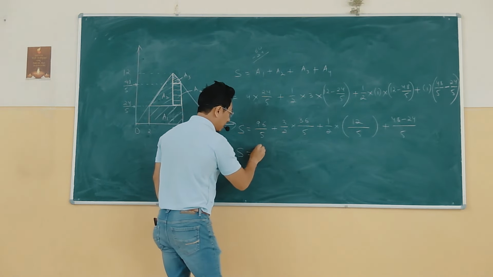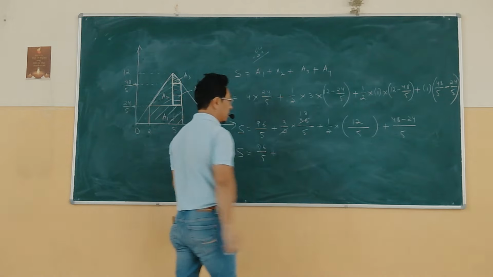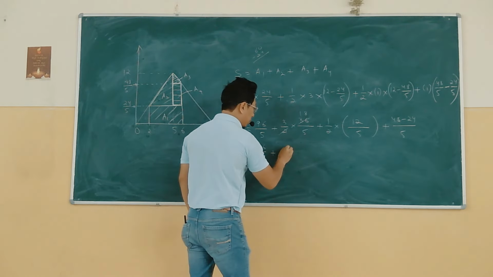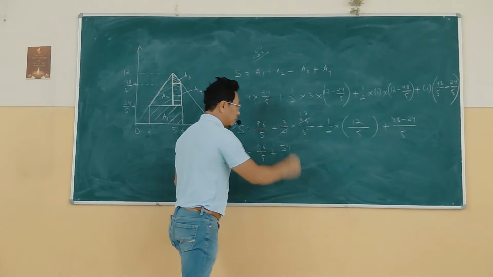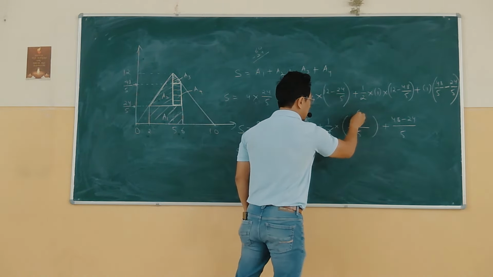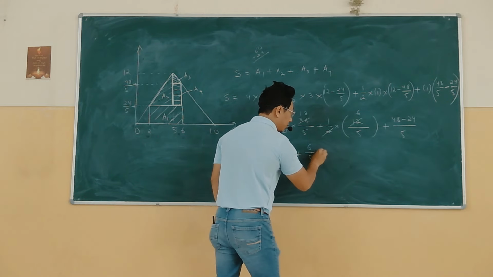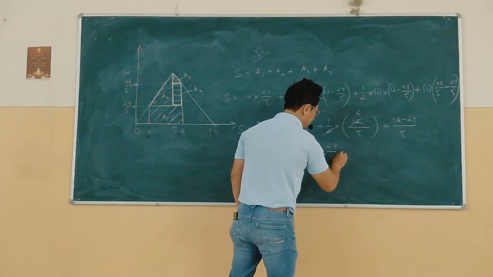That will give you 96 by 5 plus 54 by 5 plus 6 by 5 plus 24 by 5.